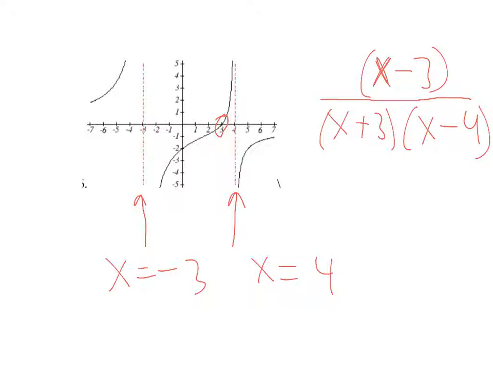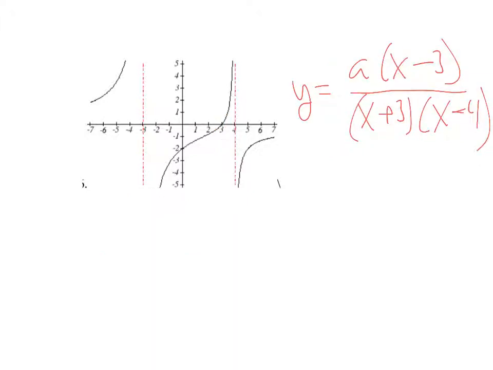The only other thing we have to worry about is this y-intercept here. If I substitute in 0, do I get negative 2? Well, that will give me negative 3 over positive 3. Those cancel out, and over negative 4, so I'll get 1 over negative 4, which is not negative 2. So there must be some stretch factor going on here that we have to find.